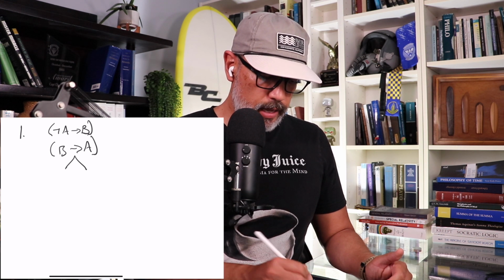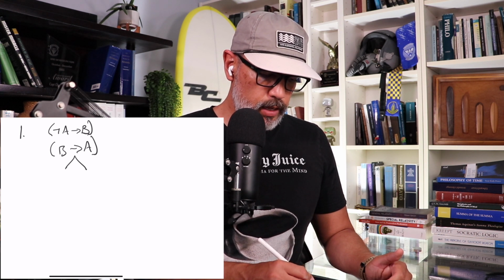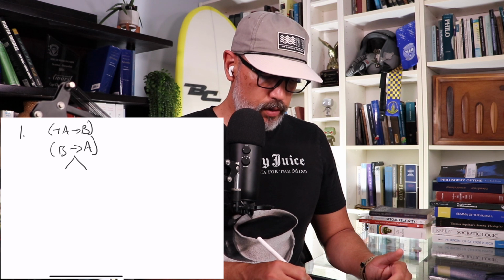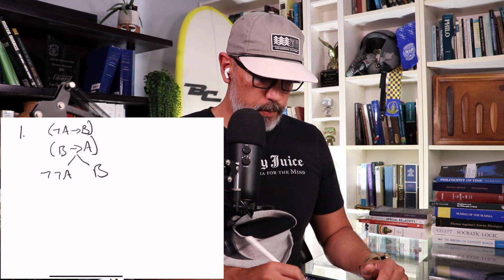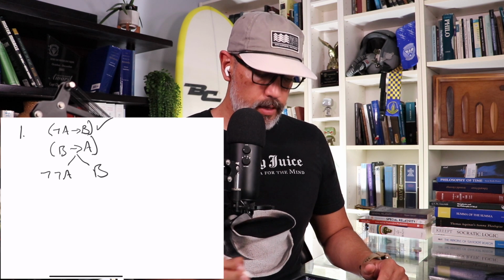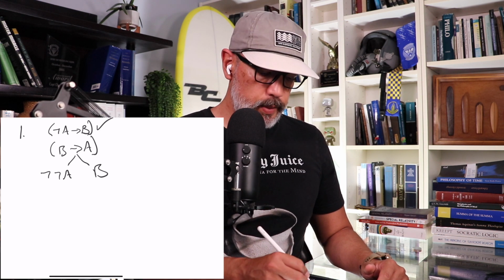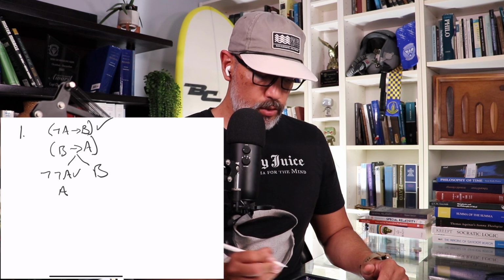And it looks like we'll do the if not A, then B first. Not A and B, check. And then that not A is a double negation, check.